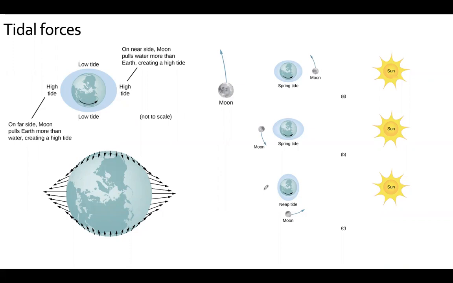So if we have our moon orbiting us, and we have different tides here. The near side of the moon, so when this face of the Earth is facing the moon, whatever on the Earth is facing the moon, that is going to be high tide.